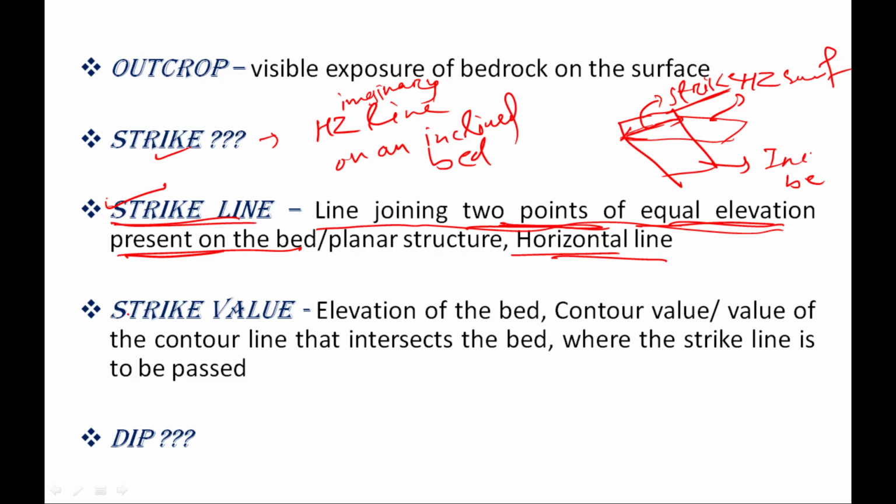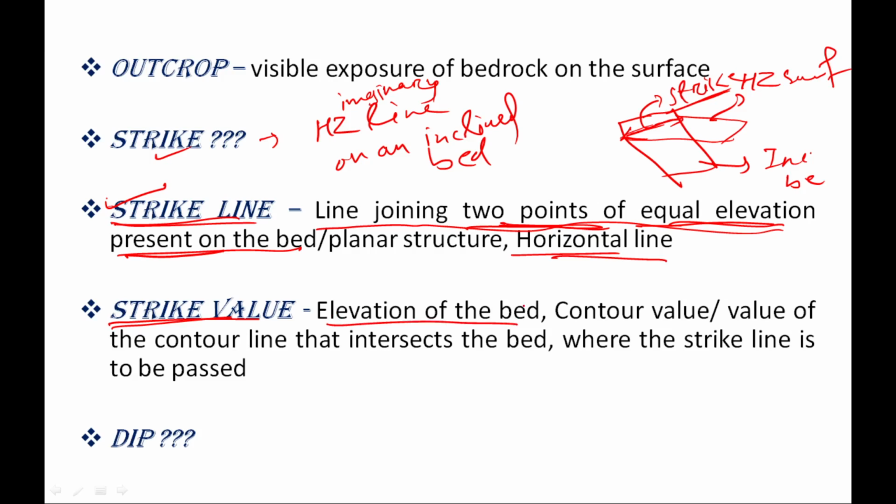Then what is strike value? Strike value is nothing but the elevation of those two points which you have joined through that line. Or another definition written here: elevation of the bed.